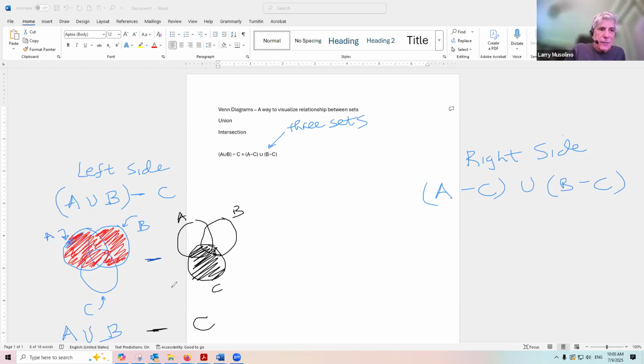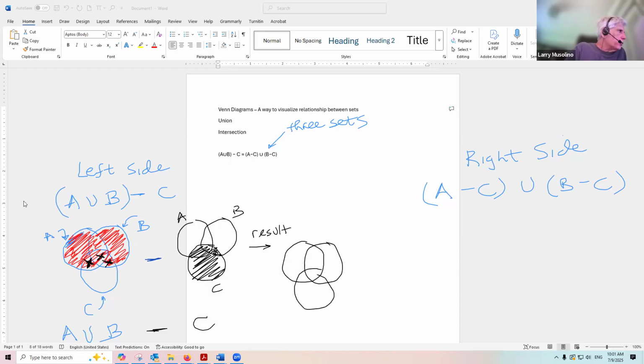Any regions on the Venn diagram that are shaded in black have to be taken out. So I've got to remove this region, this region, and that region, because those 3 X's are part of set C, but I want to subtract set C. So what is the result?